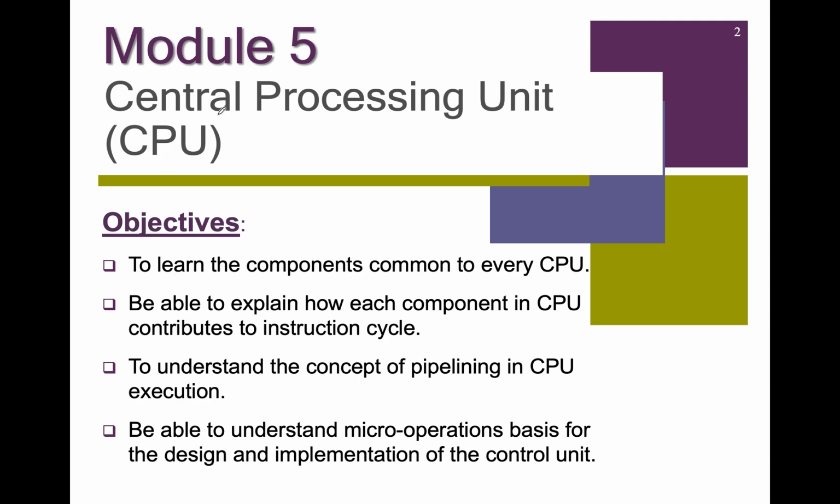Okay, we're going to look into the Central Processing Unit or CPU. Last time, in our previous module, we already looked at many things under CPU. You already know some basic information about CPU, and of course, you have three main elements. What are those three main elements in a CPU?